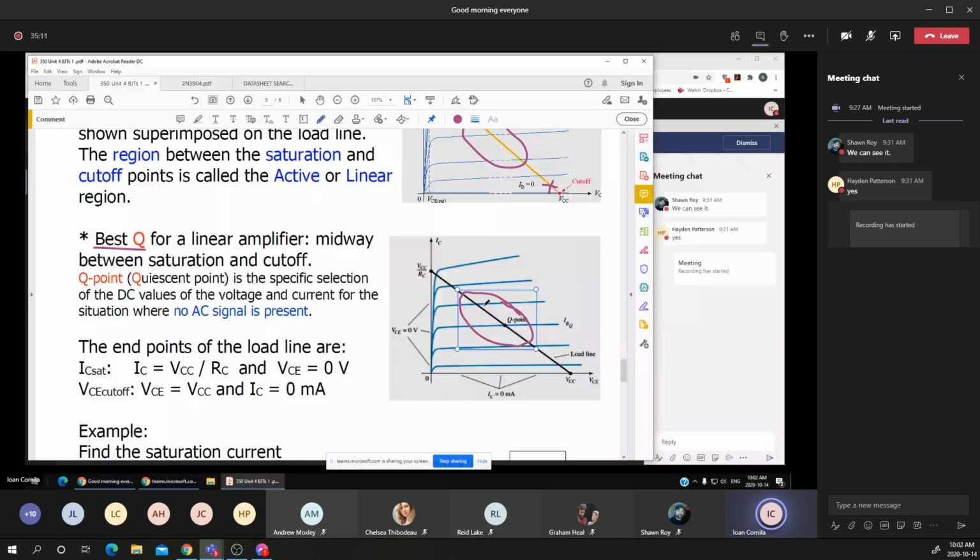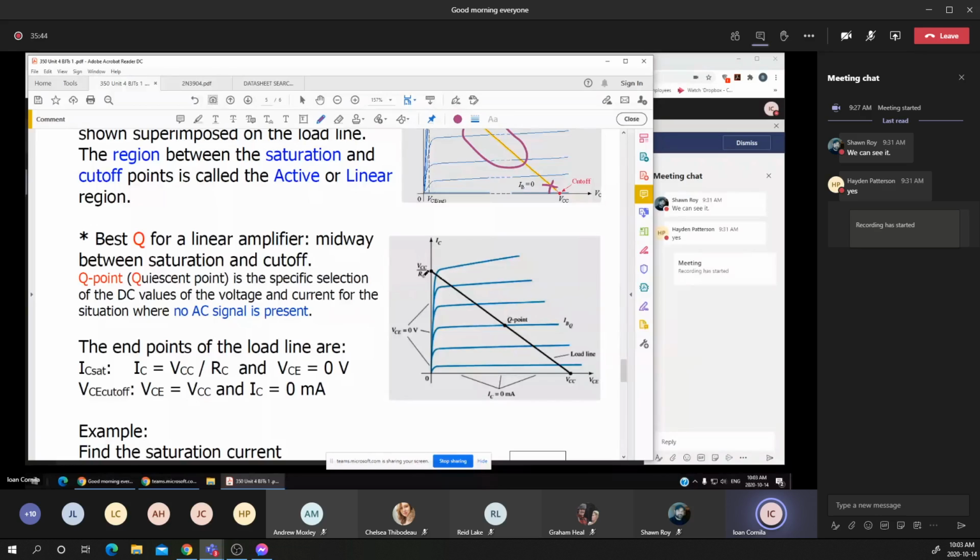What that means is that a large range for the input or the base current can be applied on the transistor if the Q point is somewhere in the mid range, or the midpoint between the two extreme values.